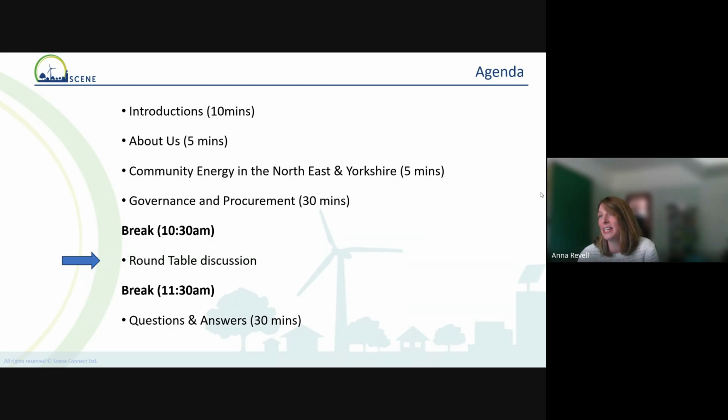Well, I don't know what their terminology is, but we work with Community Action Northumberland, and they're the lead on the project. It's a project looking at how to help communities reduce their carbon.